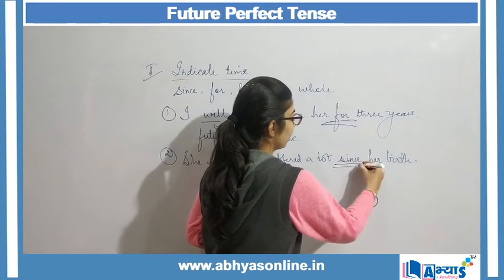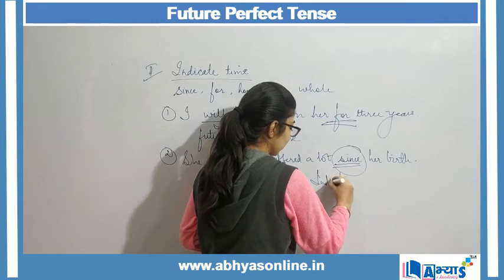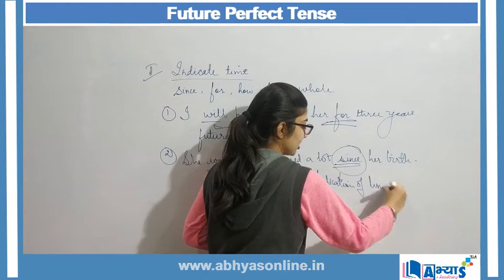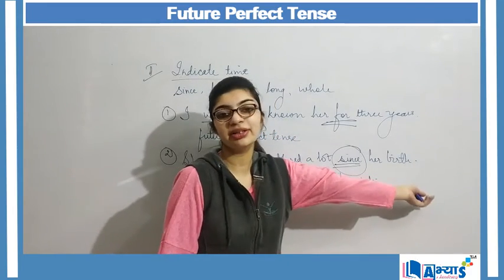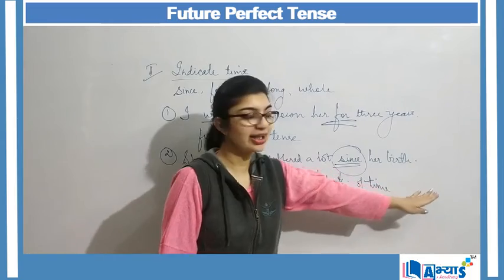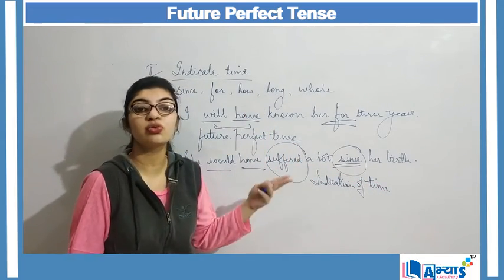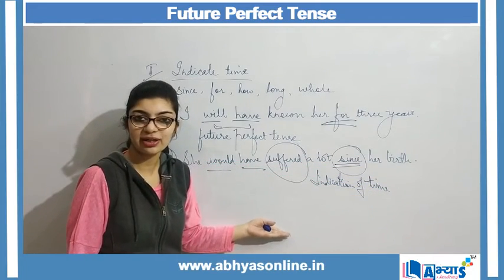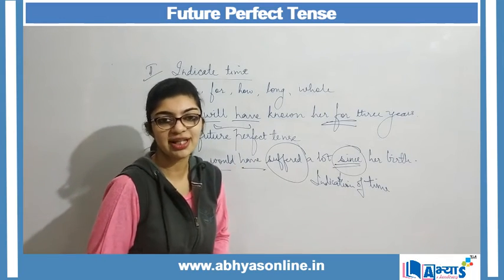Since her birth. Now since is again an indication of time. Why is this an indication of time? Because here since her birth, the time is indicating that she has been suffering since when? Since her birth. So again a time has been indicated over here. So this is the second application of future perfect tense.